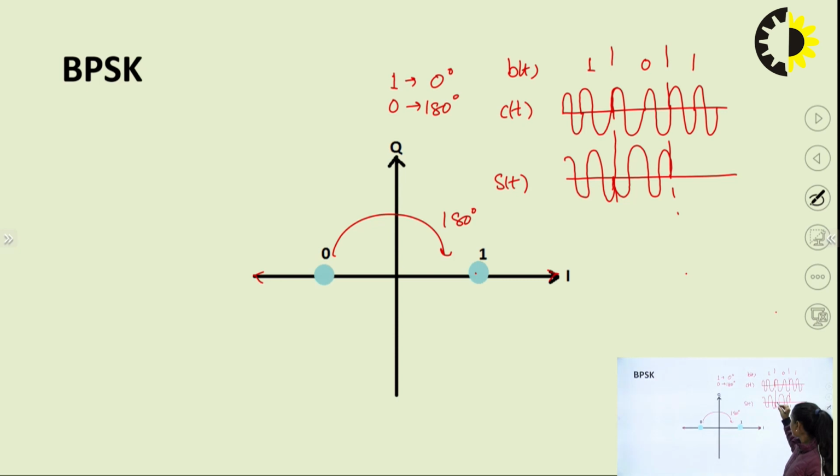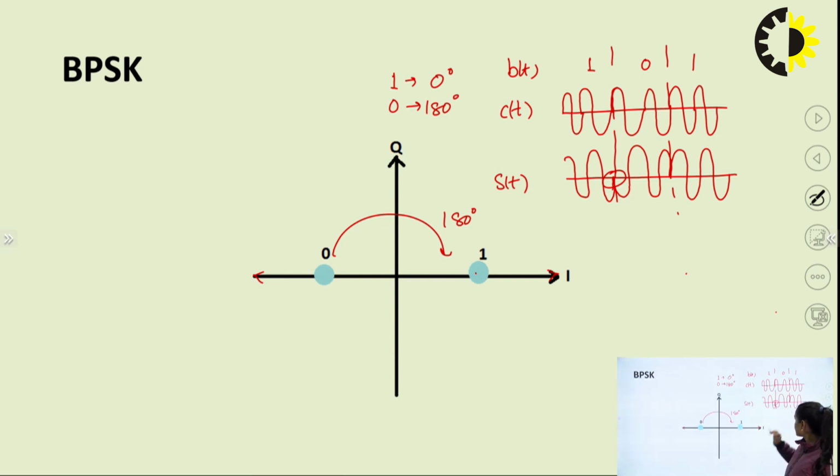So that makes a phase reversal of 180 degree, right? And in case of bit 1 my carrier will remain as it is. However, it looks like a phase variation, but it isn't a phase variation, right?